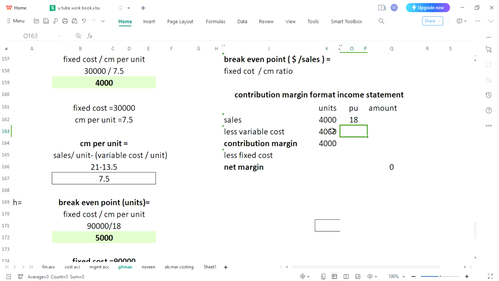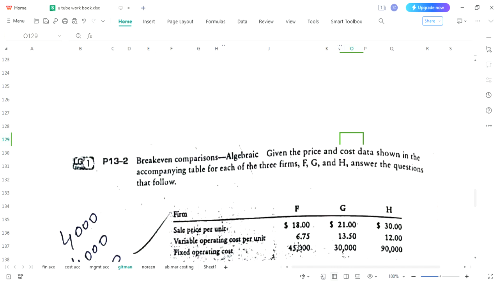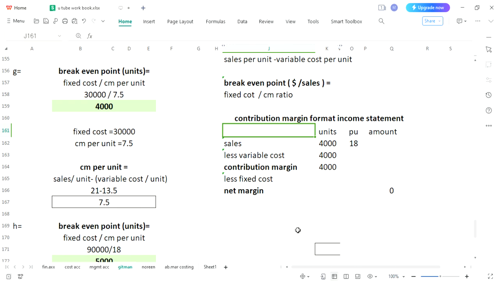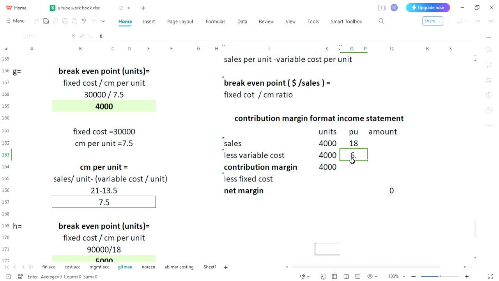Now we need to see how much is your variable cost, and that is 6.75. So put 6.75 over here. At this stage you will calculate your contribution margin, which is difference between your variable cost and sales.